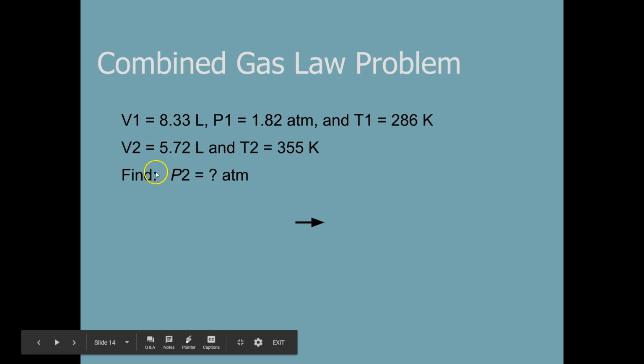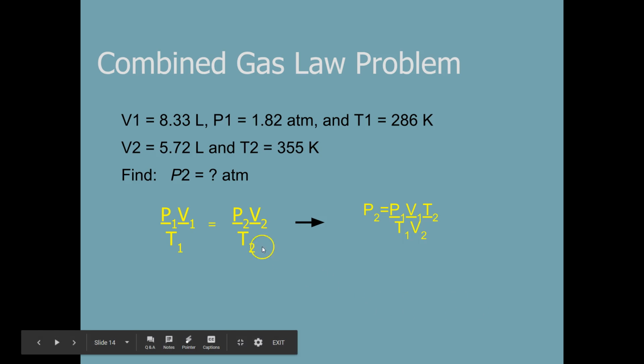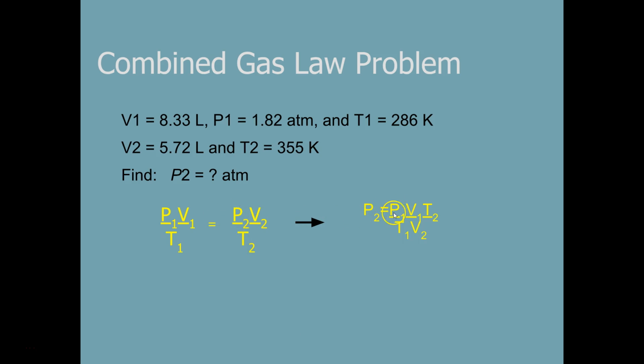Again, define all of these variables, write them down, and then plug them into this equation. To do this, we simply rewrite our equation solving for P2. If we isolate the P2 variable by itself, we can rewrite our equation and plug in our variables.